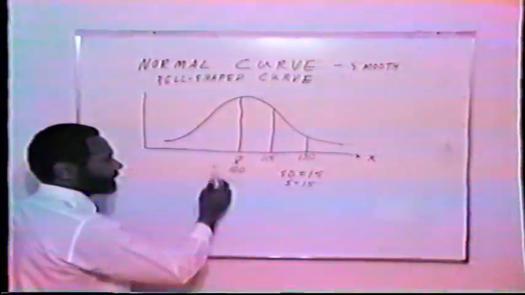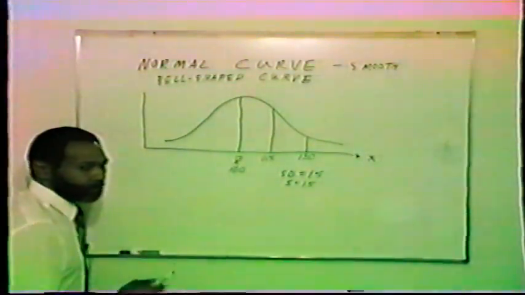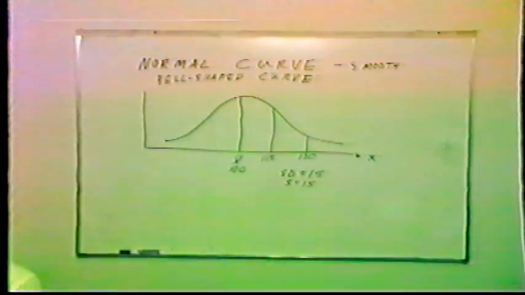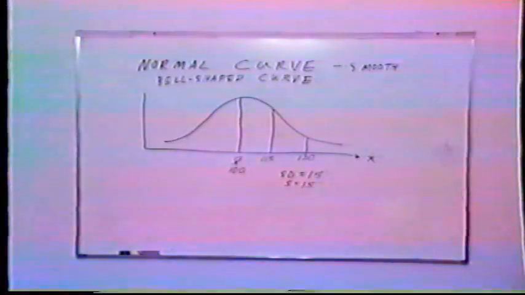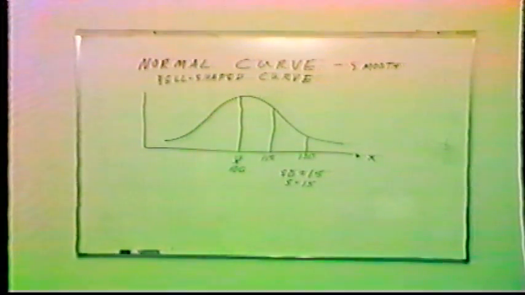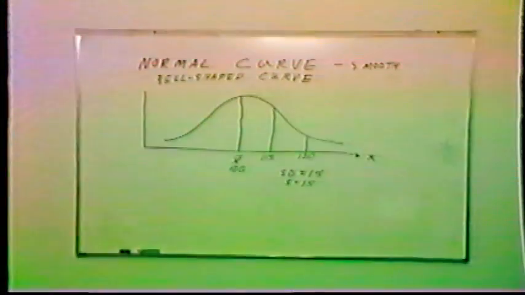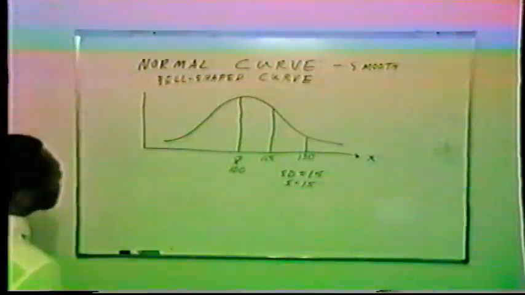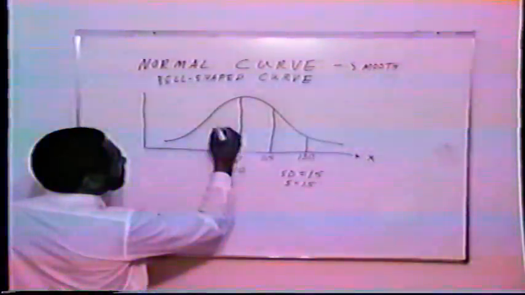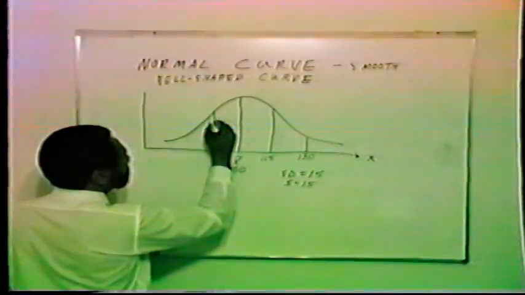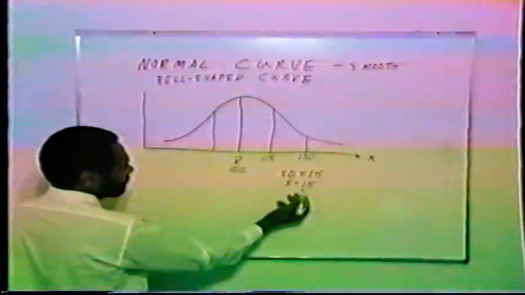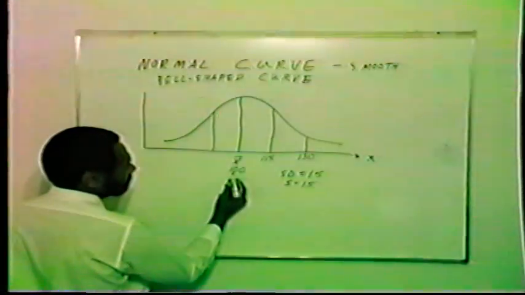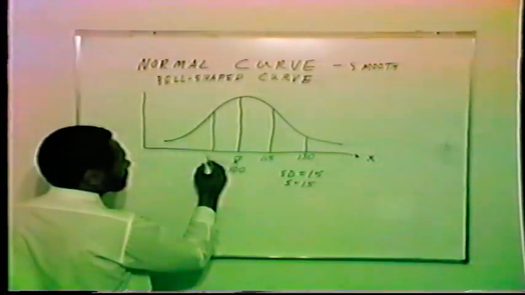And we can do the same thing coming back to the left. We can subtract standard deviations coming back to the left, so that one standard deviation to the left of the mean, or below the mean, we subtract 15, which is a standard deviation, from 100, and that will give us 85.